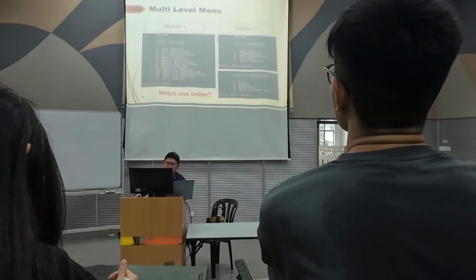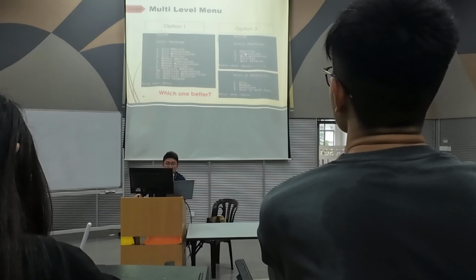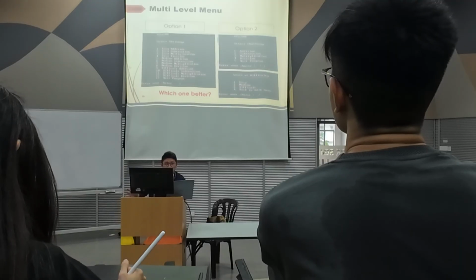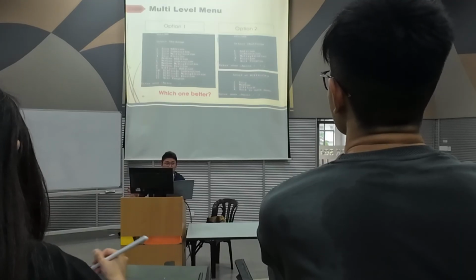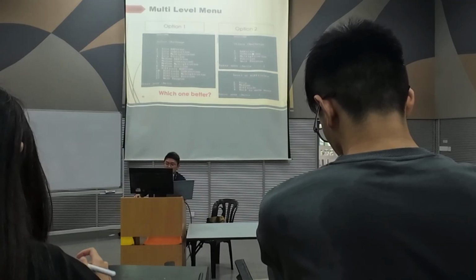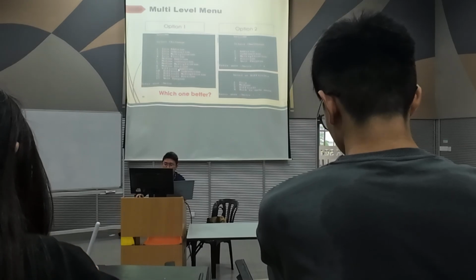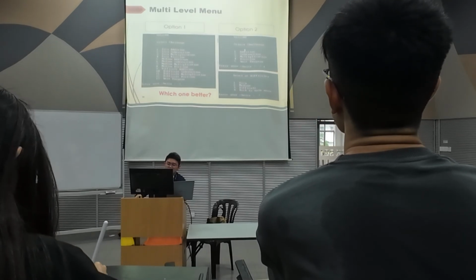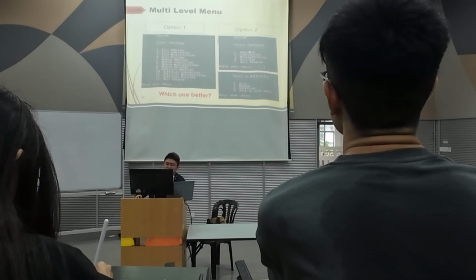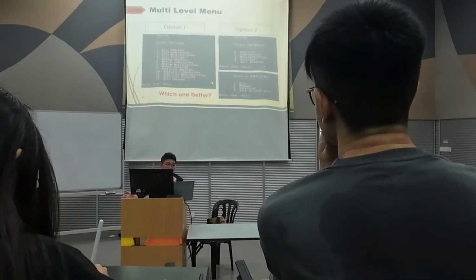So when we break it into a multi-level menu, first I ask the user which operation they want to proceed with. Let's say additions, subtractions, multiplications, divisions, or exit the program. Once the user selects addition, it breaks into the next level, which is the level of difficulty.